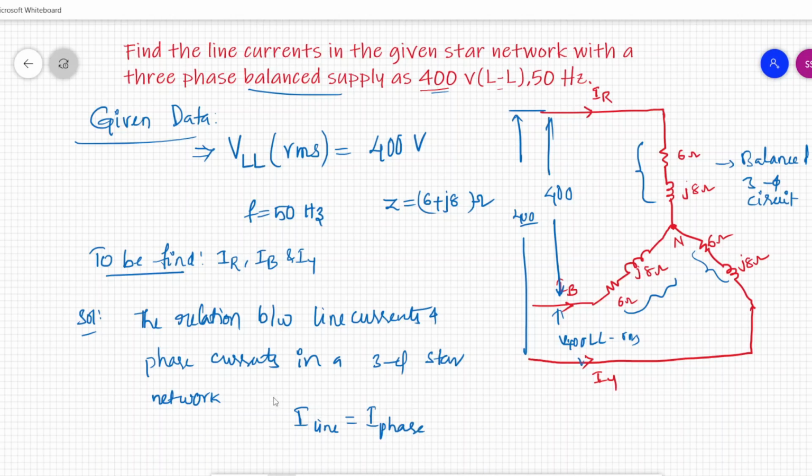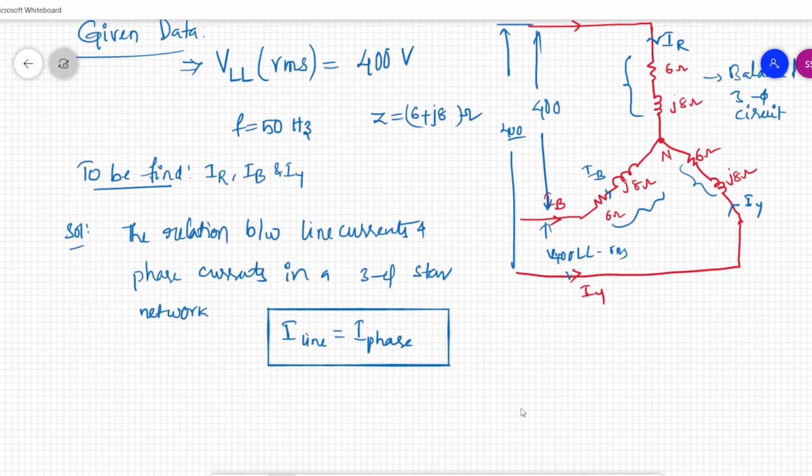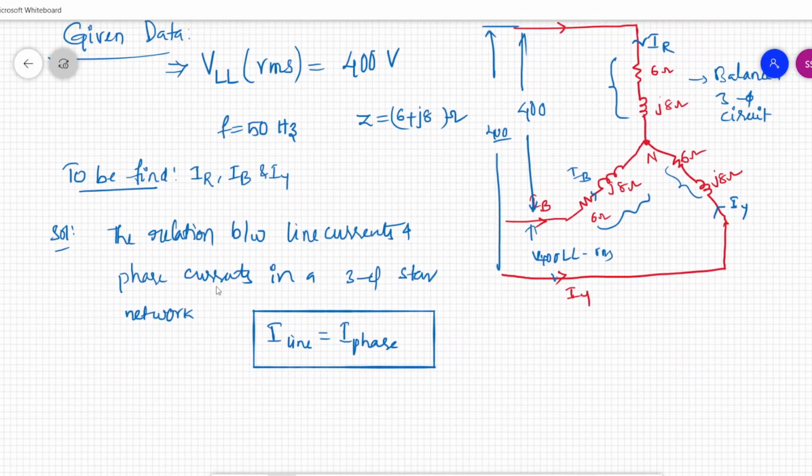Both are the same because they are flowing through the same circuit. The current is not being divided at any point, so the current in the line will be equal to the current in the phase. The same current IR will flow through the phases also. Now if you can find the phase current, you can equate it to the line current and find the answer, since the quantities to be found are the line currents.